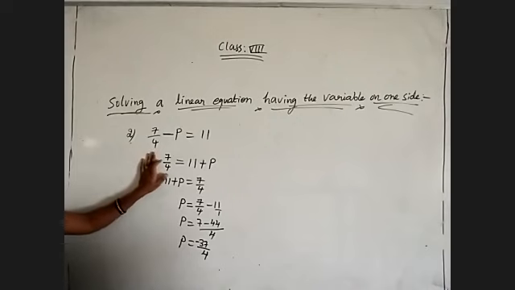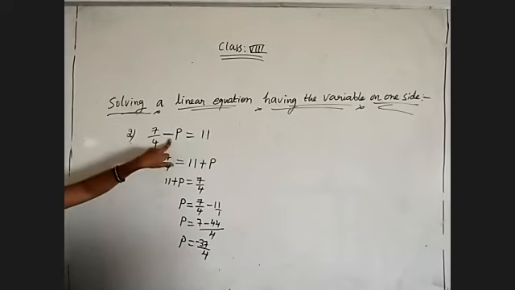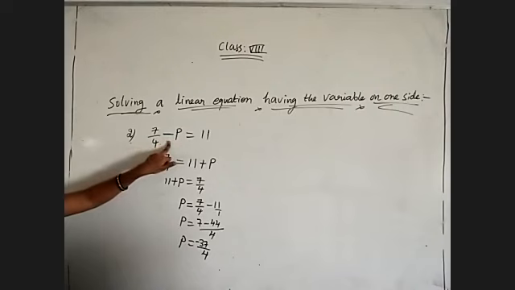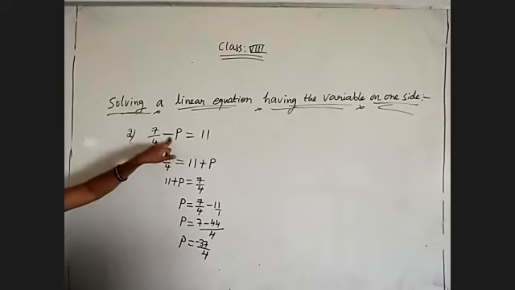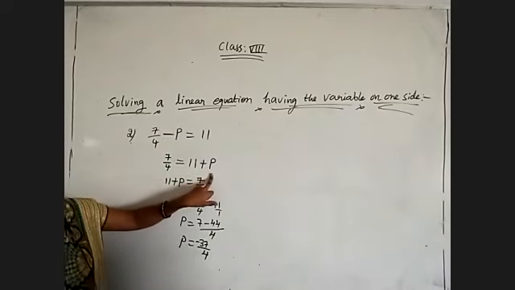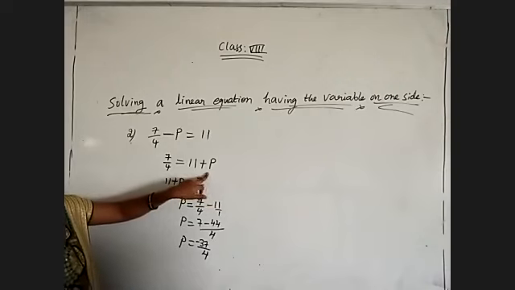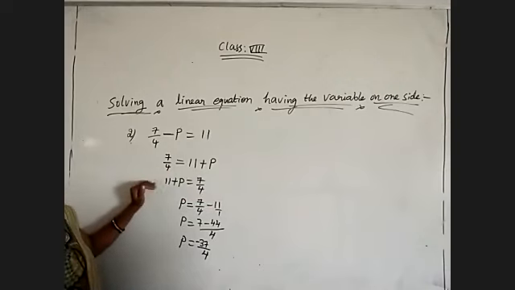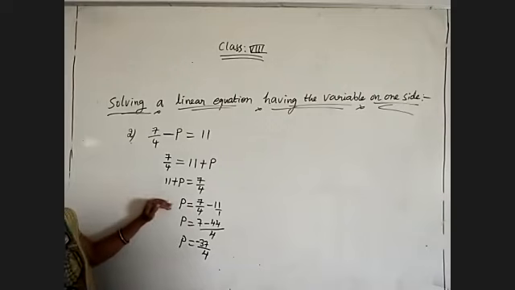Once again I am telling, whenever you have minus p, minus values for variables, first try to eliminate the minus for the variable. So that's why I have changed this minus p to the right side, then it becomes plus p. Now if it is at the LHS side, then it is convenient for our calculations.